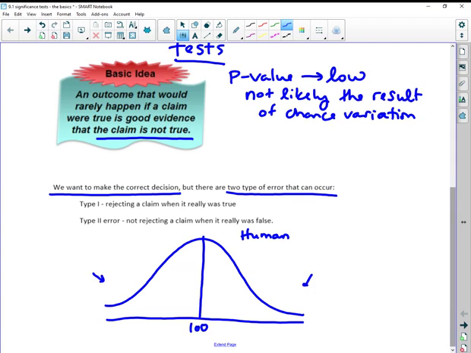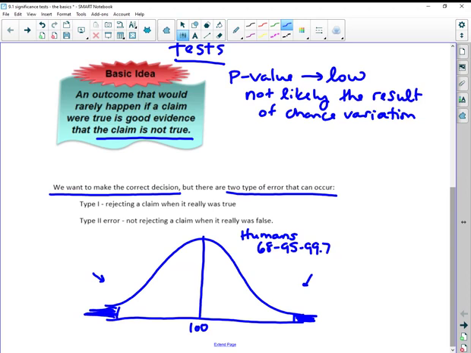Following the 68, 95, 99.7 empirical rule, there will be about 2.5% up here, and about 2.5% down here.